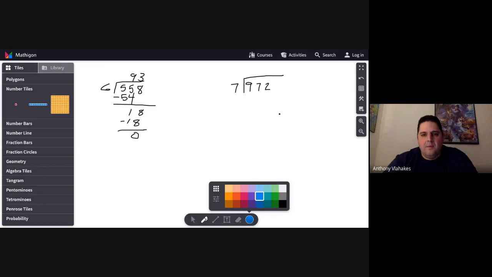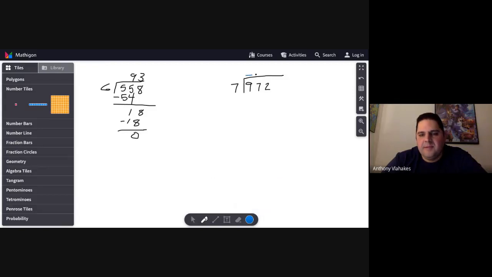So when we are actually dividing, in the original problem, we're saying 6 times 9, but really it's 6 times 90, and we're just not writing the 0 down. When you are using partial quotients, you're actually using the place value in which you're starting. So if I'm looking at 972, I have 3 possible place values that my answer could be in.